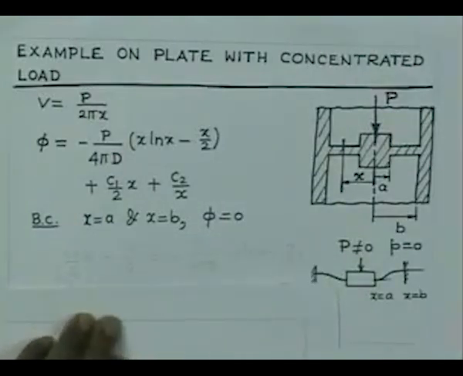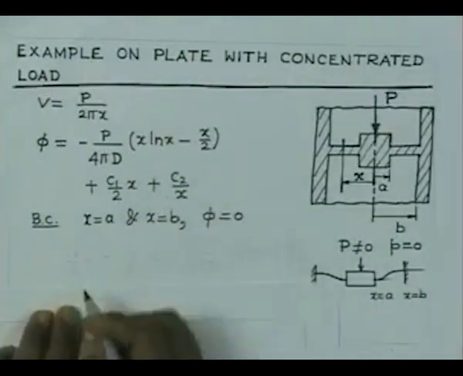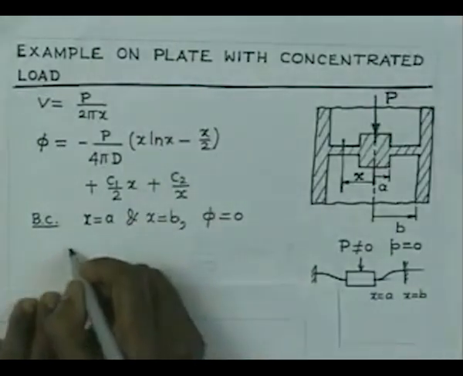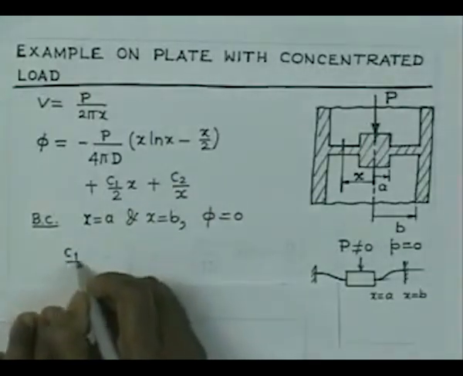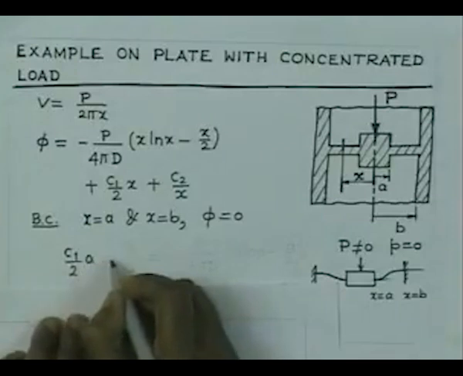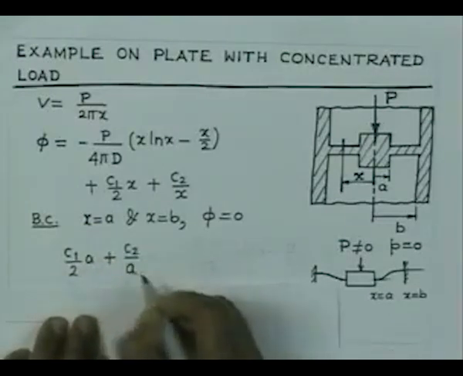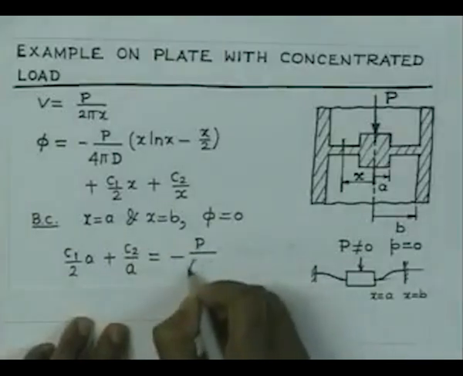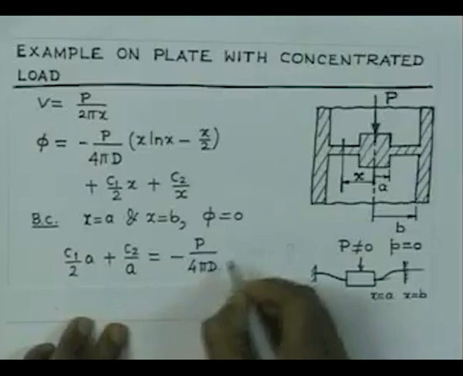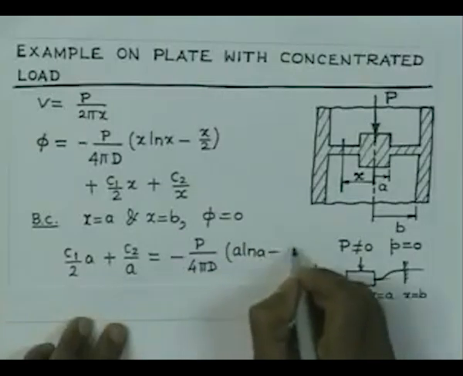And now, if we put the value, we are getting now from this relationship C1 by 2a, C2 by a is equal to p by 4 pi d into a ln a minus a by 2.